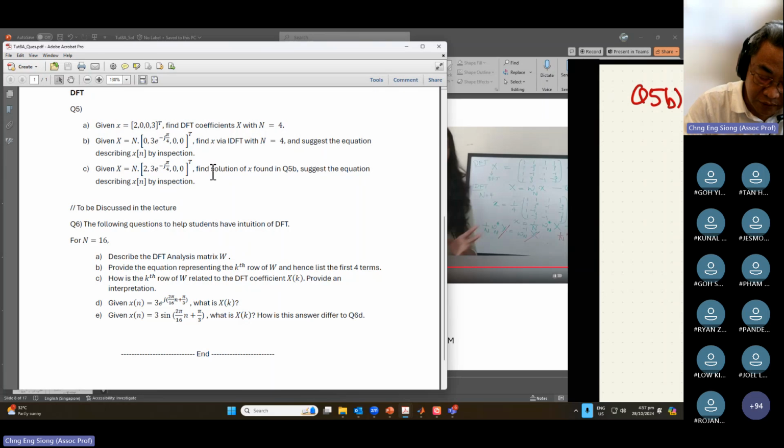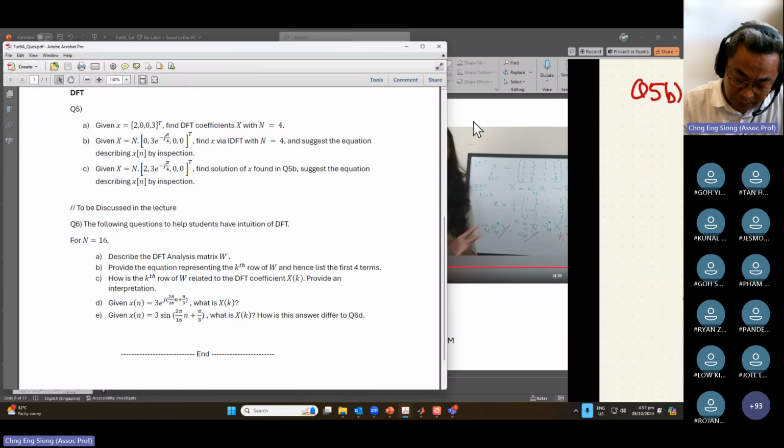And I am asked to find small x via IDFT. So let's write the equation first. We'll write two equations. Big X is equal to W small x. Therefore, W minus 1 big X equals W minus 1 W x. This becomes I, equal to small x.